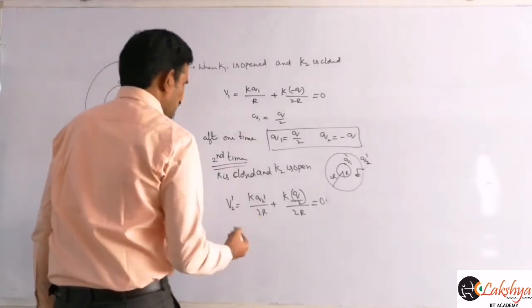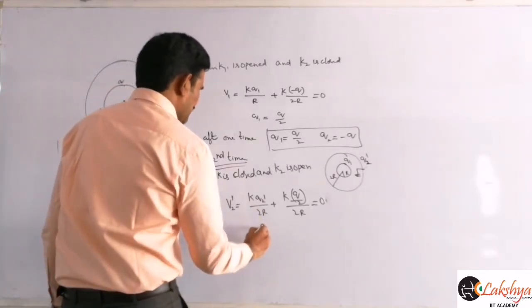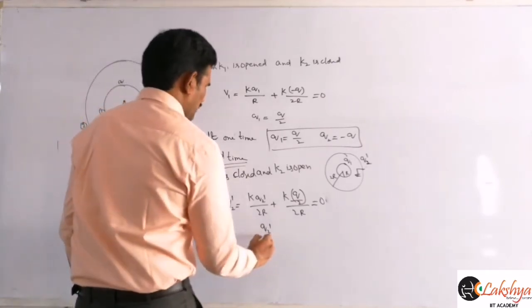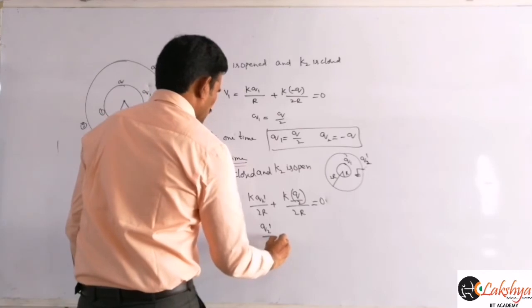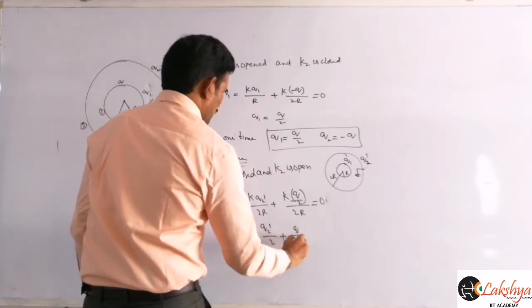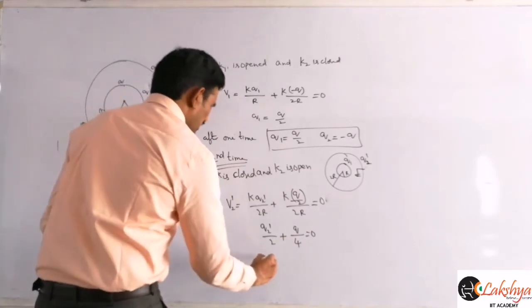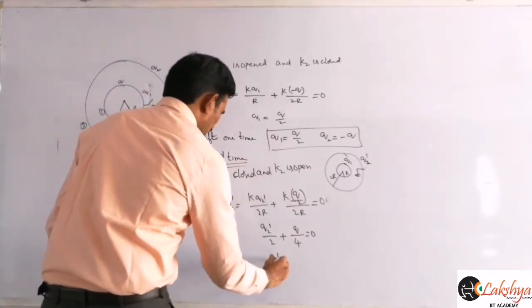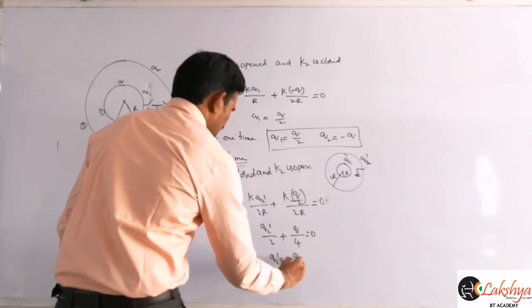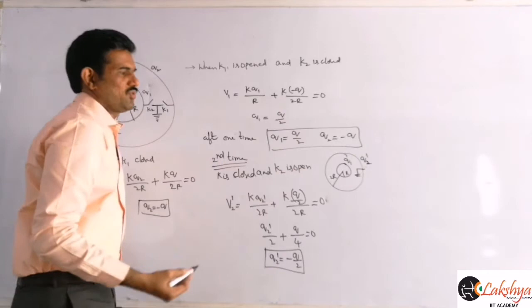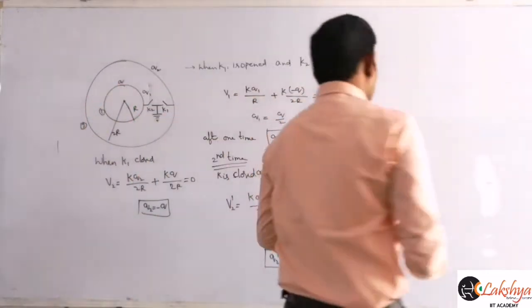Therefore Q2 dash by 2 plus Q by 4 is equal to 0, and so Q2 dash is equal to minus Q by 2. This is the charge present on this outer shell once it is grounded.